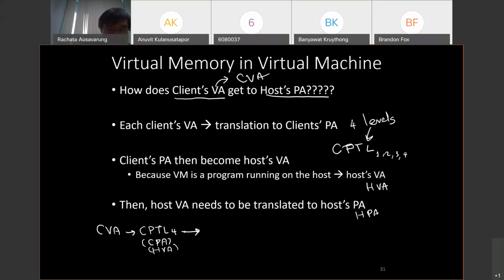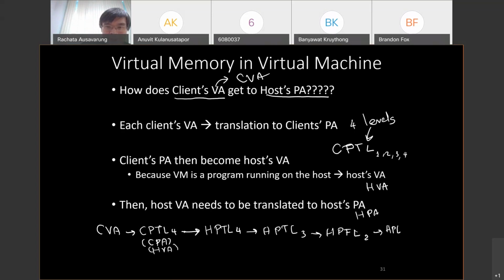So you go to host page table level 4, host page table level 3, host page table level 2, and host page table level 1. Then when you add host page table level 1, host physical address, to get to where the page table level 4 is, you need these many accesses.